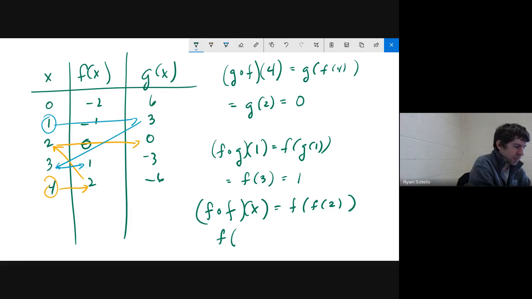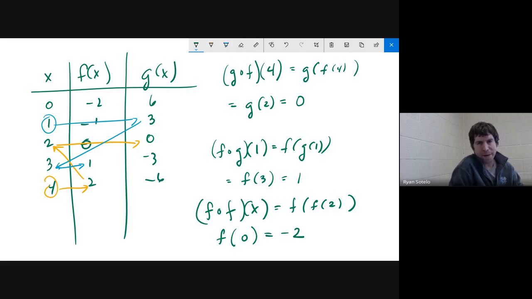F of 2 is 0. Okay, so f of 2 makes 0. Well, what is f of 0? Well, that's minus 2. So 2 goes to 0, 0 goes to negative 2. You could do it that way. So you could even use the same function, so don't be confused by that.